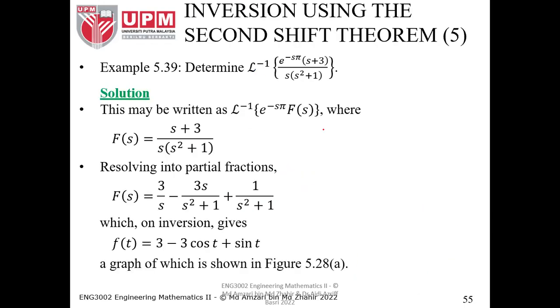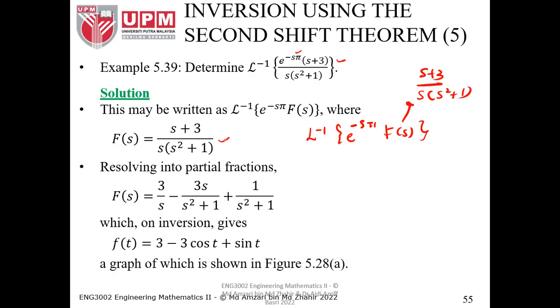Okay, next, if you have these functions, the first thing is you need to change this function into the second shift theorem form, which is the Laplace inverse of e^(-as) F(s). What is your exponent a? Here it is pi s times the function. In this case, your F(s) will be the remaining part, which is (s plus 3) divided by s squared plus 1.